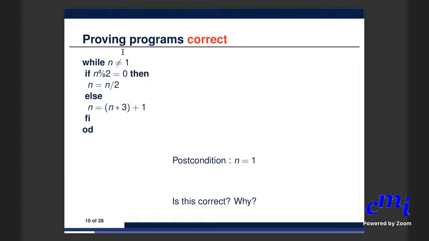The other question is, for every n that you start out with, if it terminates, will n be equal to 1? Yes, if it terminates, it'll always be 1. But now I'm asking, what is the set of initial values of n for which, if it terminates, it satisfies the post condition?